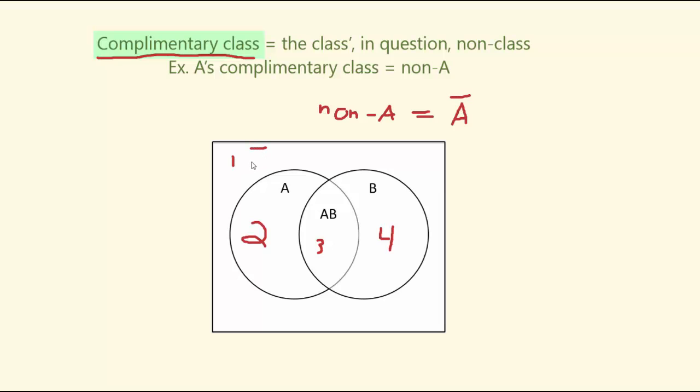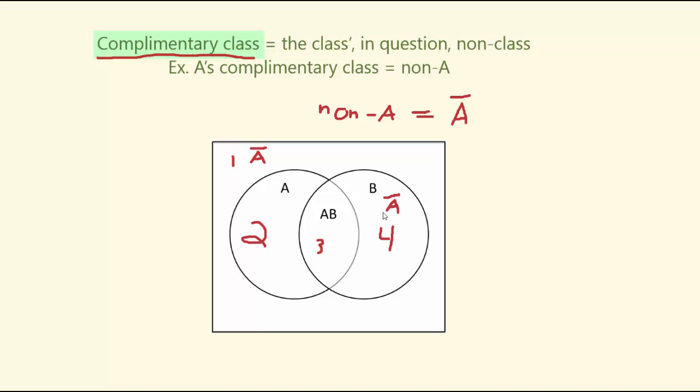In that case, we have non-A's in 1, because it's completely outside of the A circle. So everything that exists in area 1 is a non-A. But not only are they in 1, notice that area 4 is also outside of 2 and 3, the place where we have A's. So 4 is where we also have non-A's. So we have non-A's in both 1 and 4.